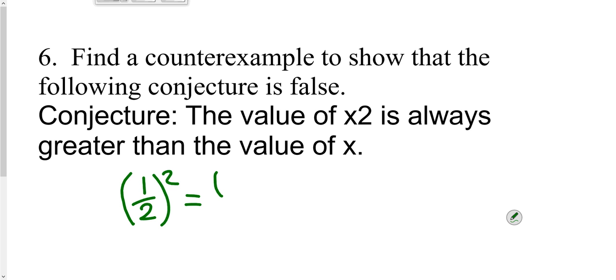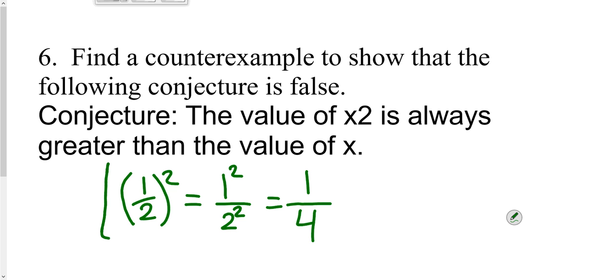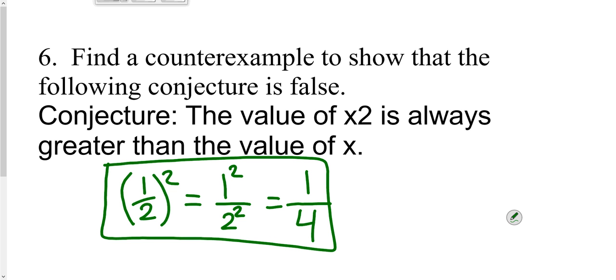So that is the same as 1 squared over 2 squared. 1 squared is just 1. 2 squared is 4. So here is my counterexample. 1/4 is less than x. x was 1/2. 1/4 is less than 1/2. So we have found a counterexample that shows the conjecture is false.